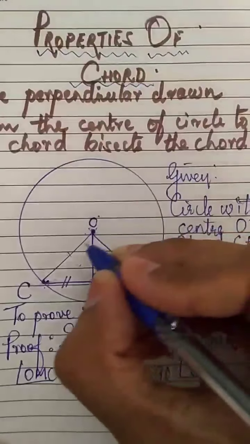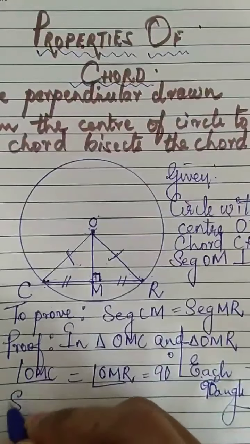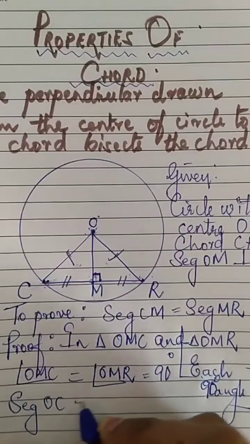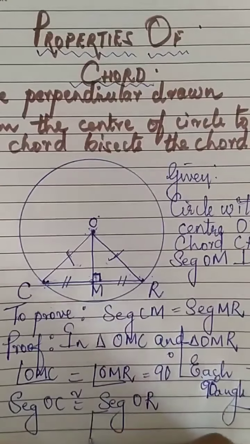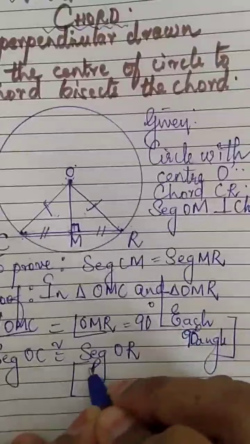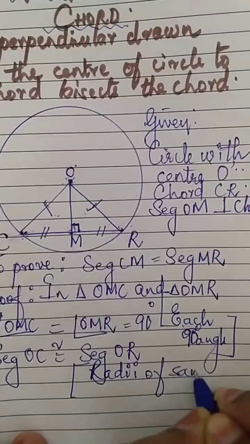Okay, first over. Then segment OC congruent to segment OR. Reason? Radii of same circle.